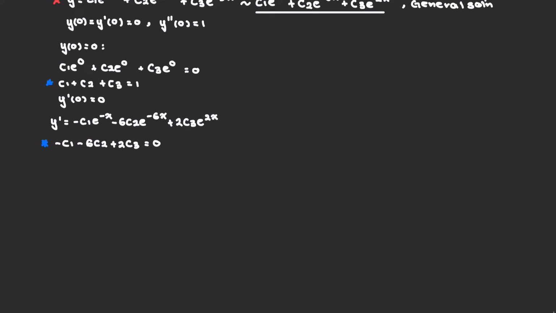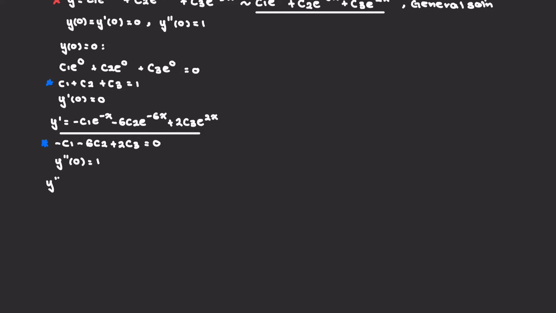So let's work on the third one. Our third one is the second derivative y''(0) equals 1. We got the first derivative of our general solution, and let's use this first derivative to get the second derivative and then apply the values within it.